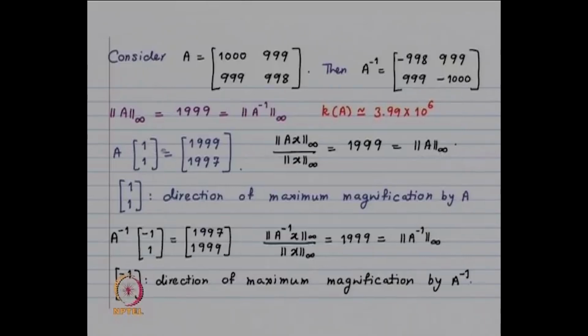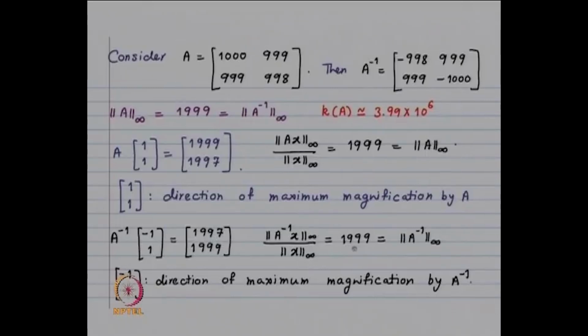So, this 1 is going to be the direction of maximum magnification by A. Look at A inverse of minus 1. This you get to be 1997 and 1999. So, norm A inverse x infinity will be the maximum of these two entries.